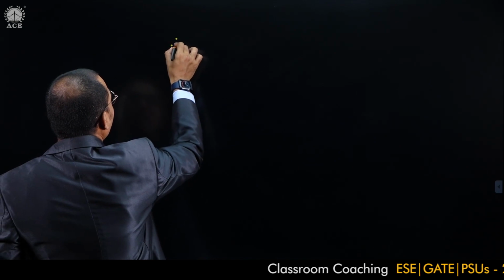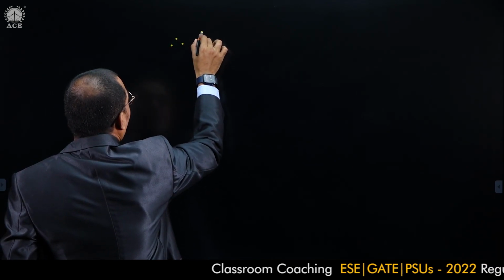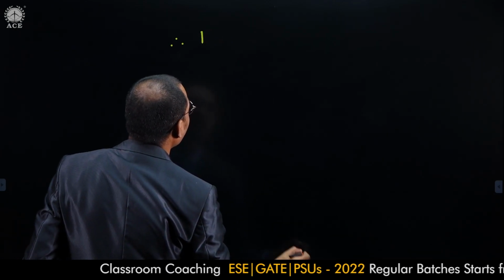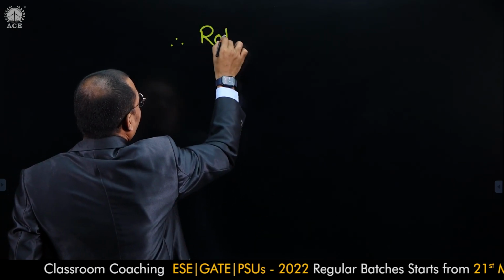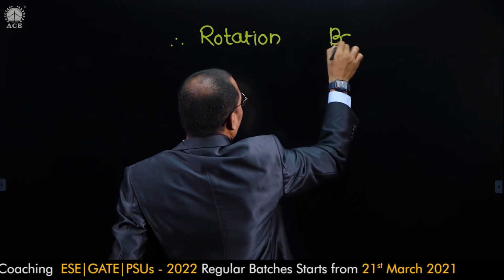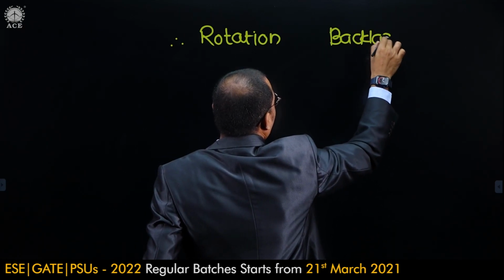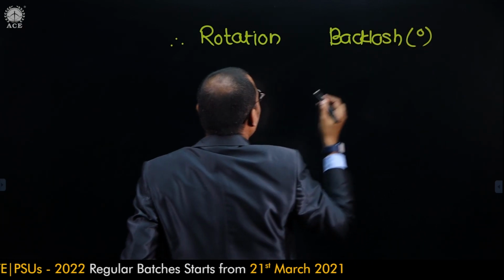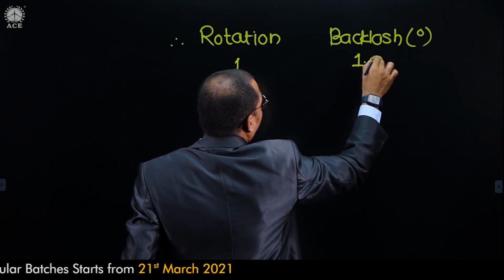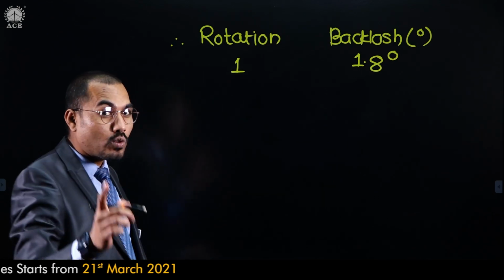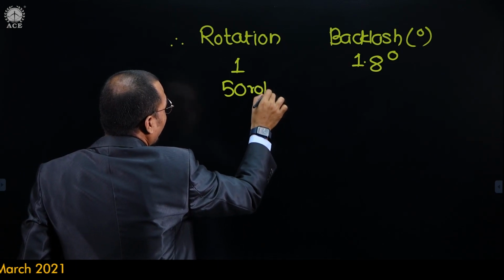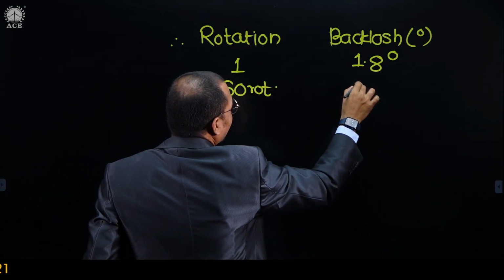I'll write here rotation, and backlash, which is also in degrees. In one rotation, how much is the backlash in degrees? 1.8 degrees of backlash. Now, how many total rotations are required? I require 50 rotations. So how much is the backlash?